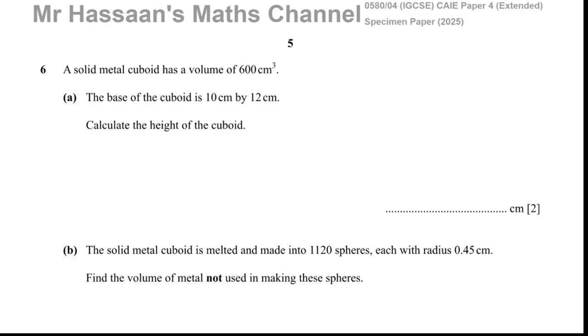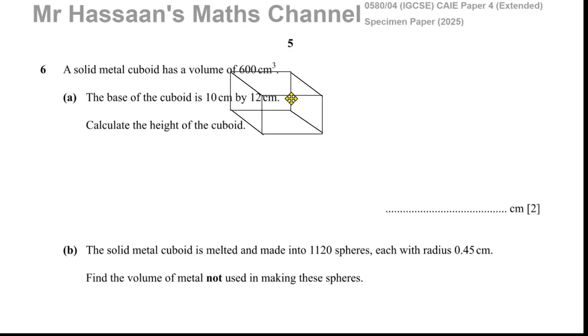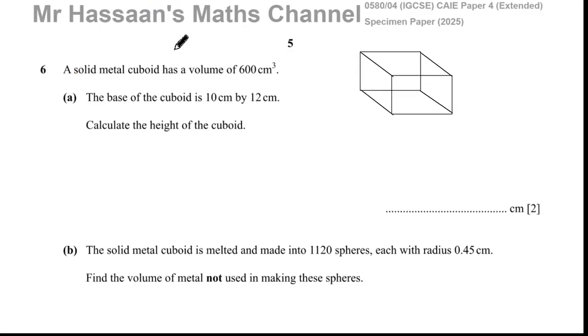So a cuboid has this type of shape. Okay, so that's what a cuboid looks like. And they told us that the base of the cuboid is 10 centimeters by 12 centimeters.